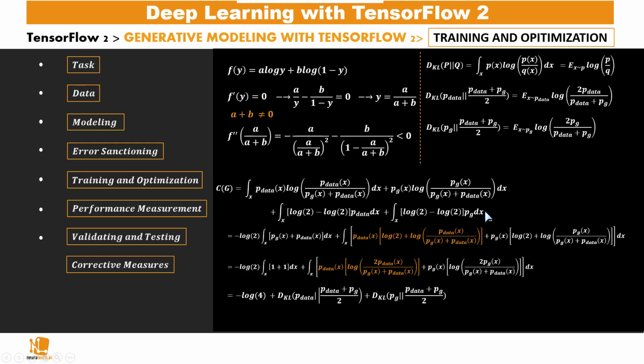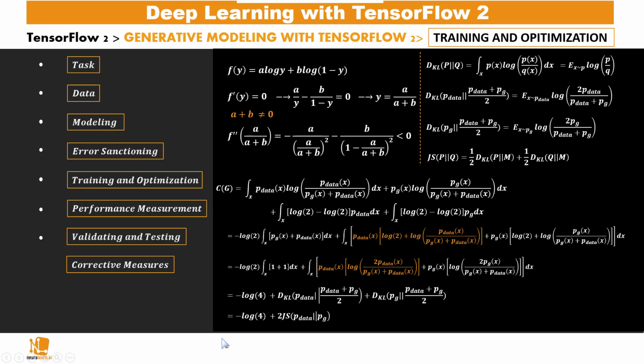Now the definition of the Jensen-Shannon divergence is given as JS of p with q equals half the KL divergence of p with m plus half the KL divergence of q with m. So notice we have p and q right here, but this is p with another distribution m, and this is q with another distribution m.